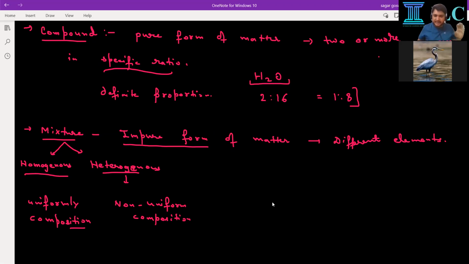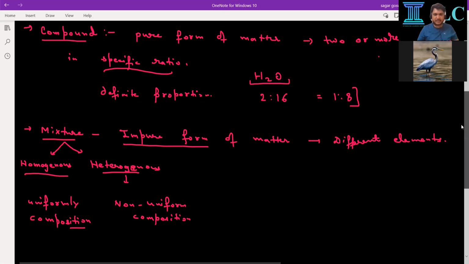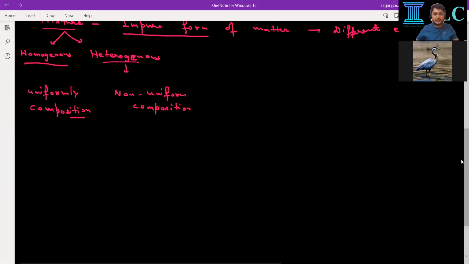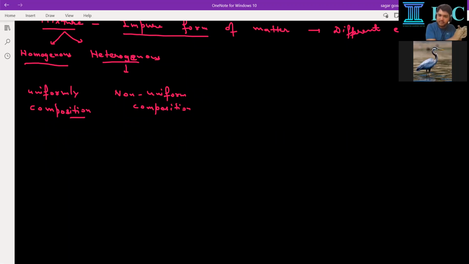One question here I want to ask: what is the main difference between compounds and mixtures? Whenever there is a fixed ratio of mass of the elements and they combine, they form a compound. But when there is no fixed ratio, they are just combining randomly, it is a mixture.